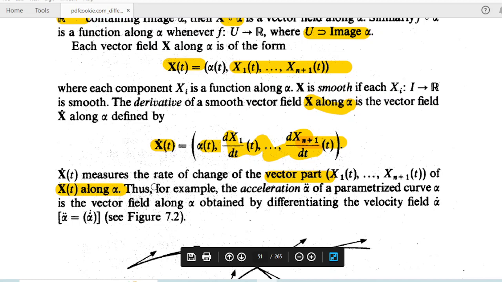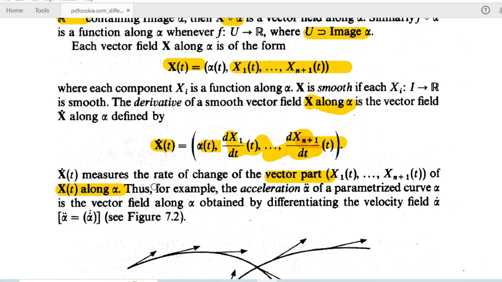So x dot of t is the rate of change of the vector field, and at the same time it is the rate of change of the vector part, that is, the derivative of the vector part with respect to t.